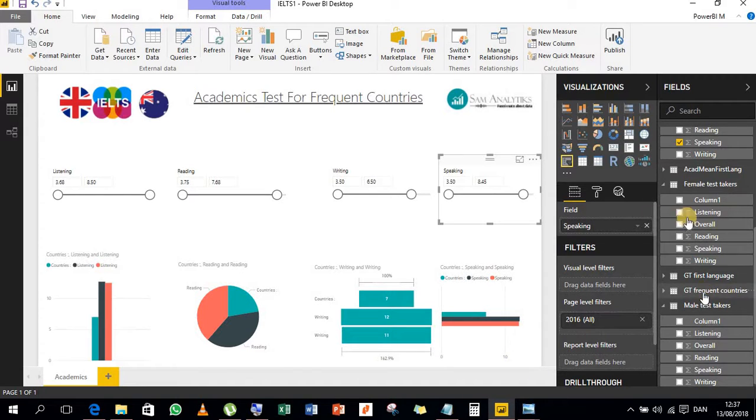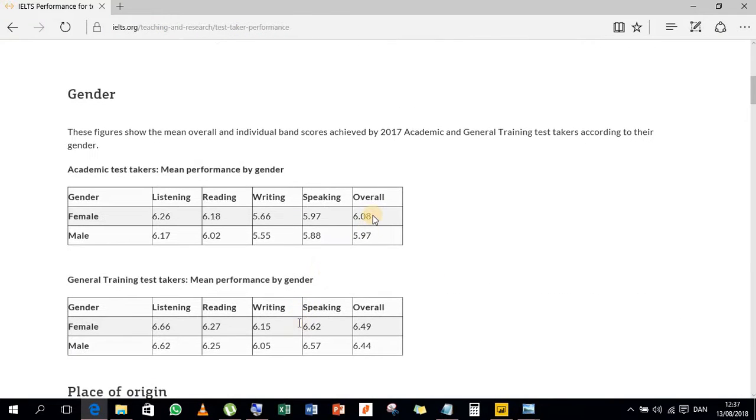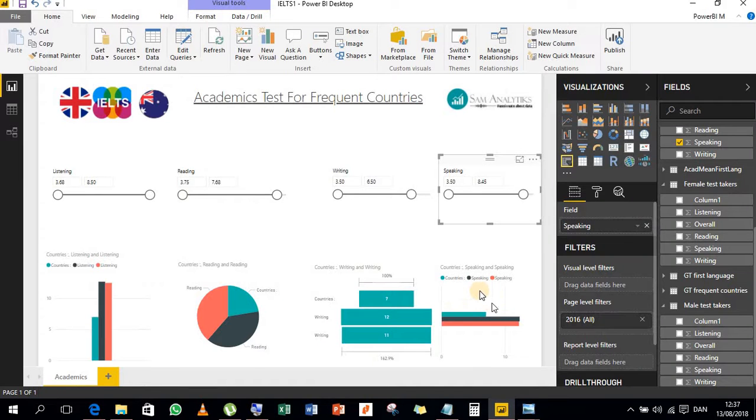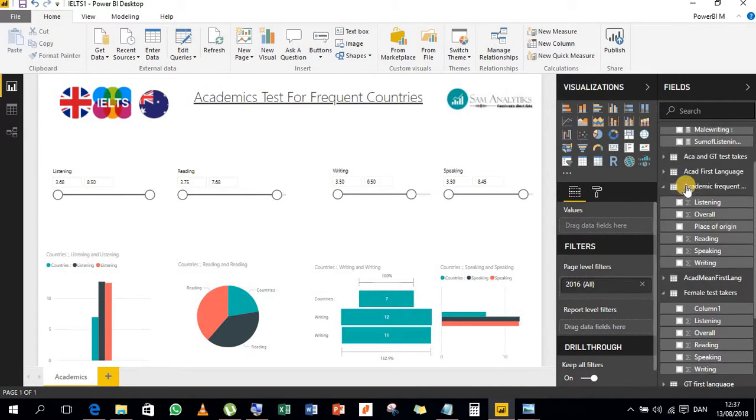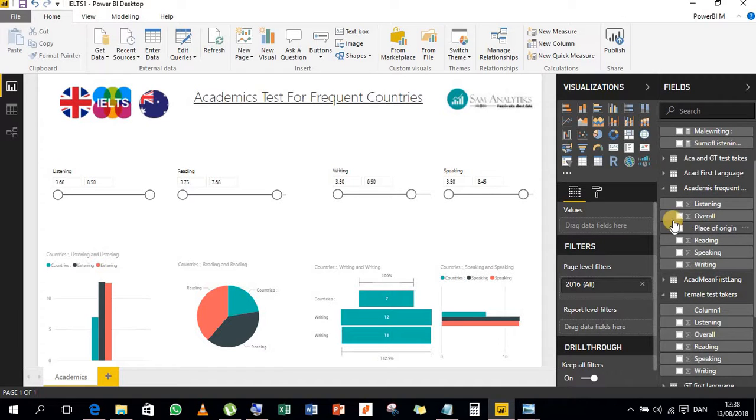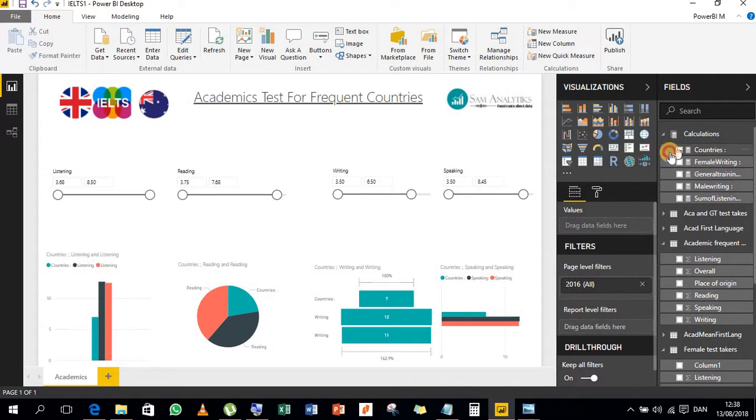But if I take the overall strategy, which is basically this one, the overall of the female and male regarding the gender, I can see that the ratio numbers do not vary much, exactly 0.03 or 0.04. So if I take the overall, I can make quite a summation that for the frequent test takers, again I'll take the countries as my main.